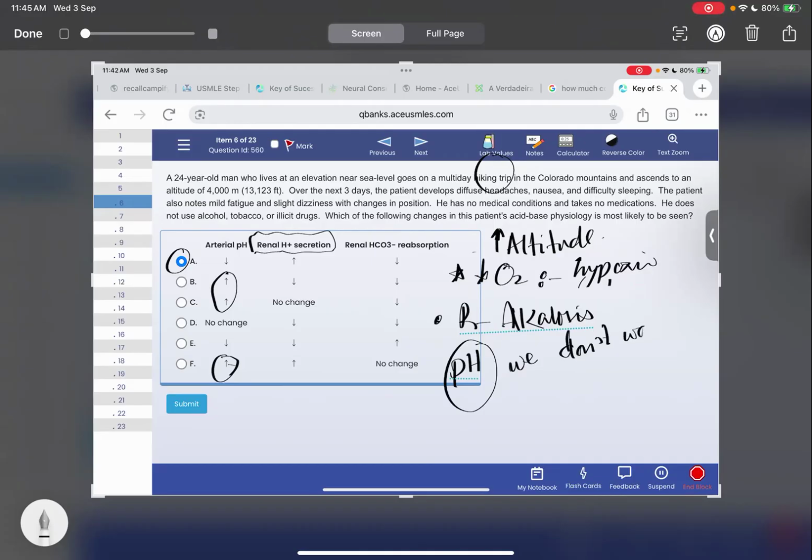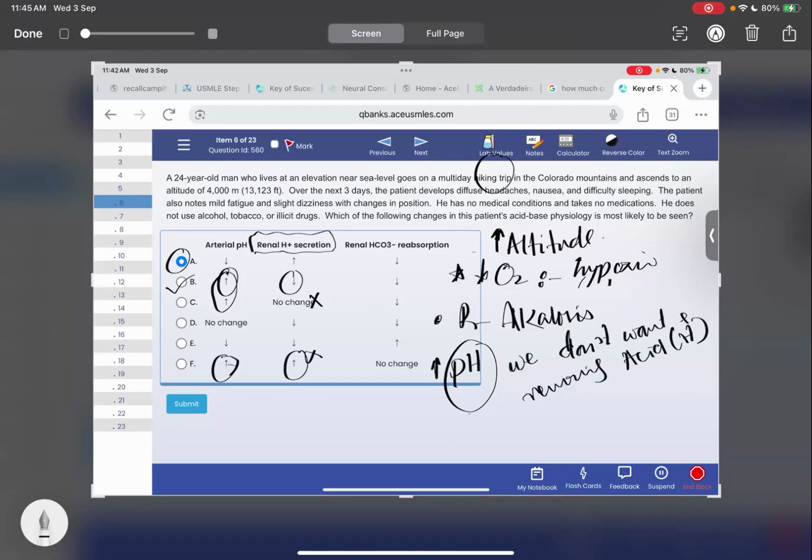We do not want to remove acids or hydrogen further because we already have increased pH, right? Got this? So we will have decreased excretion. No changes, not correct. Increases, not correct.